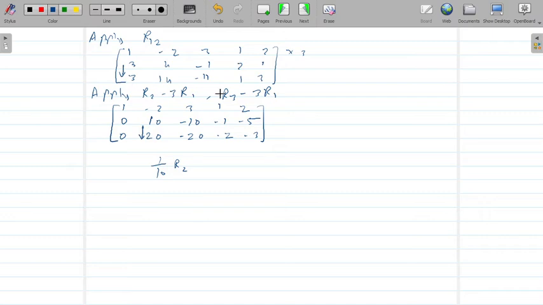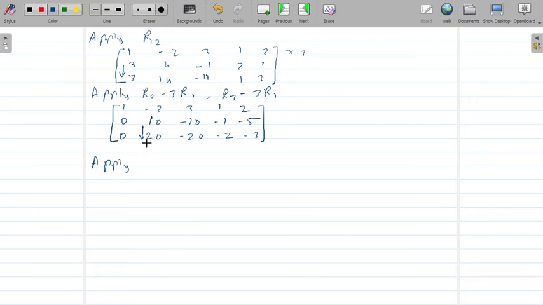So remember, to avoid silly mistakes in the calculation, we have to avoid fractions. So avoid fractions and apply.